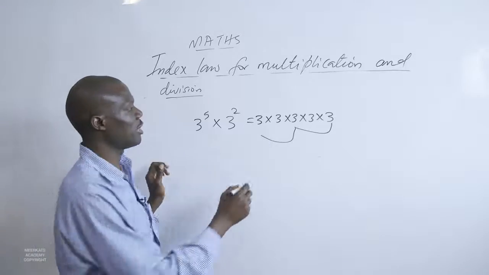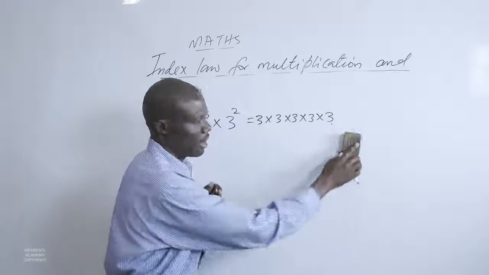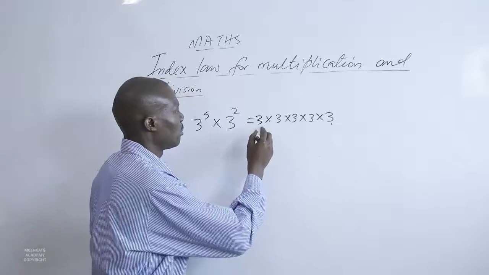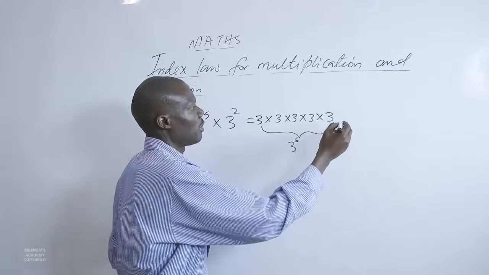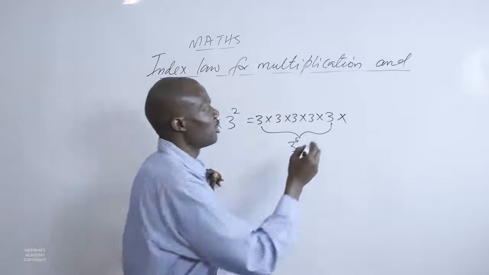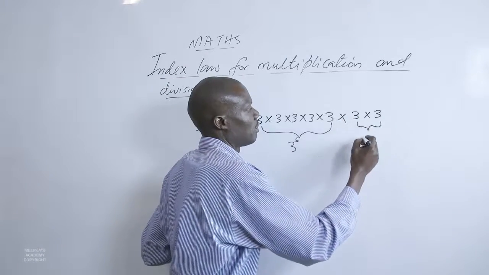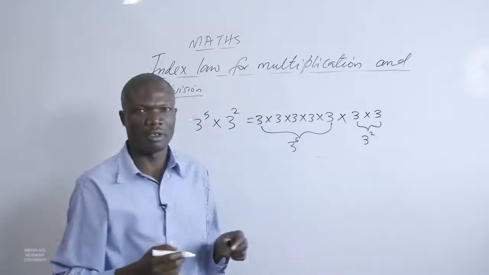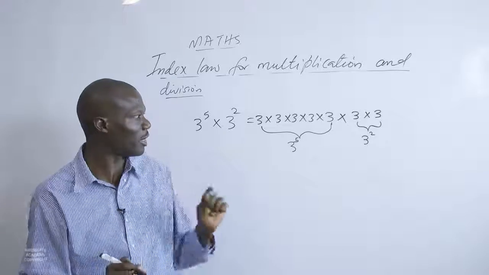We have that. This is equivalent to 3 raised to the power of 5, and then multiplied by 3 raised to power 2. So what will be our answer? Look here.